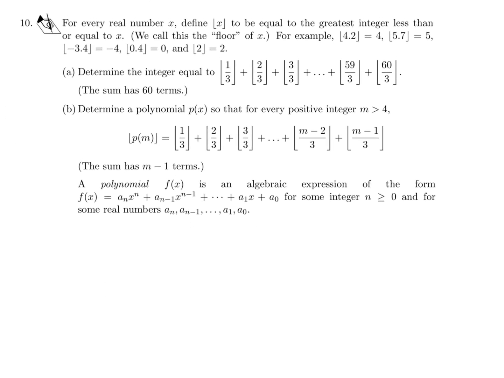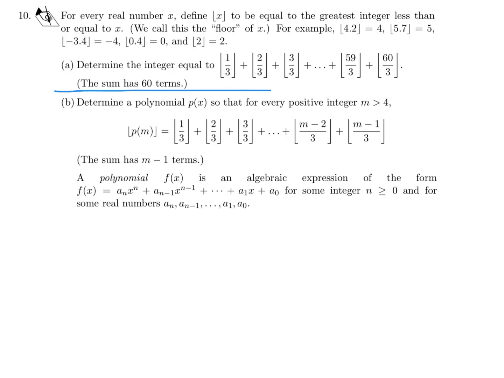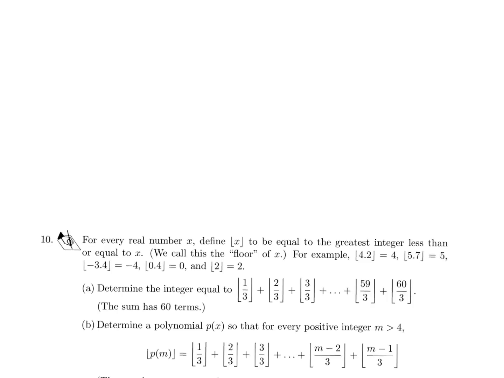Okay, so we're concentrating on this guy right here. Okay, so let's concentrate on that. All right, so we have this expression 1 over 3 plus the floor of that plus the floors of all these guys, 2 over 3, 3 over 3, and so on, all the way until you get to 59 over 3.